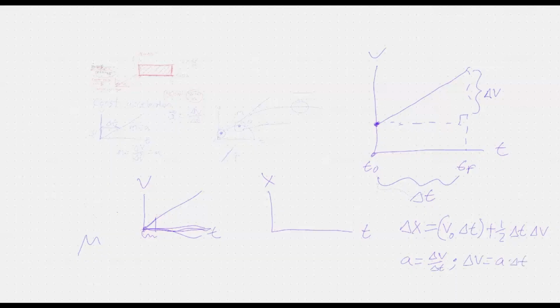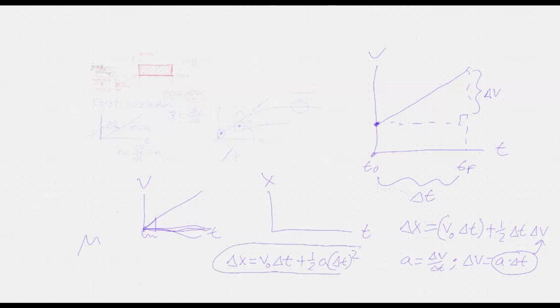And what I'll get is a new equation that says delta X is equal to my initial velocity times however much time goes by while I'm traveling with a constant acceleration, plus 1/2 whatever my constant acceleration is in that direction, multiplied by the change in time squared. And that's a new equation that we can derive from a graphical analysis.